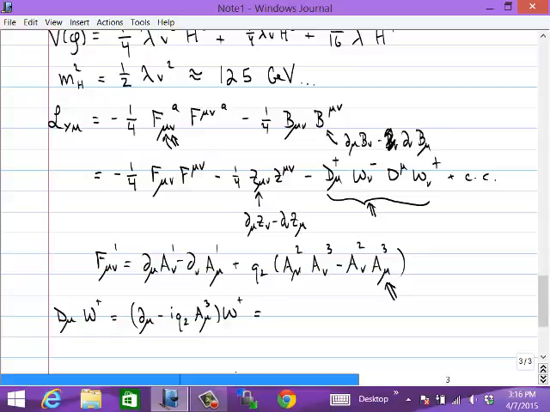So this will be d mu minus i g2 times sine of the weak mixing angle times A plus cosine of the weak mixing angle times Z. This linear combination being A3.